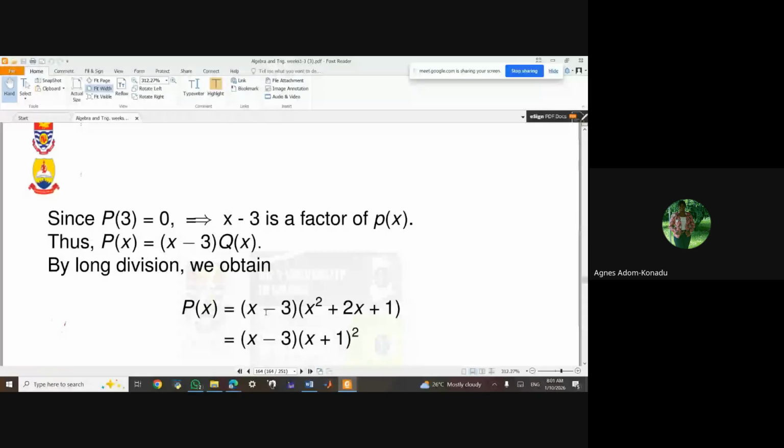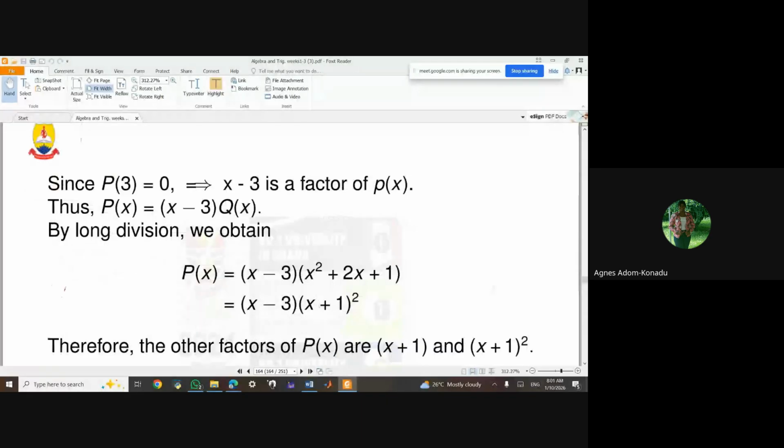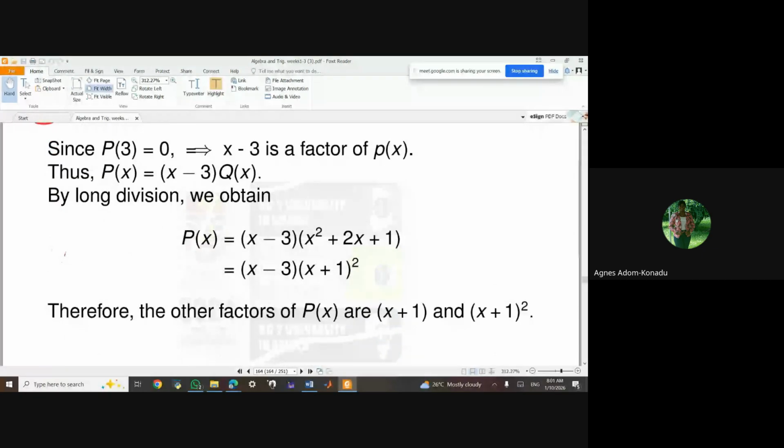This can be written as x plus 1 to the power 2, so you get repeated roots, x equal to -1 twice. So the function is x minus 3 times x plus 1, times another x plus 1.